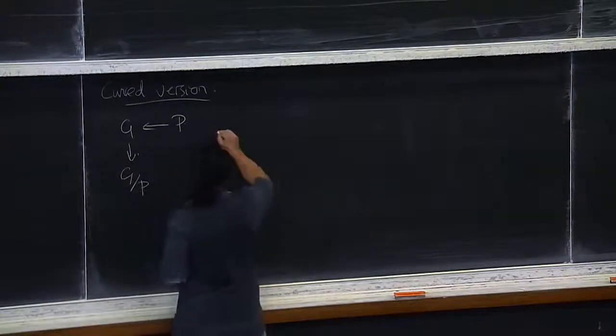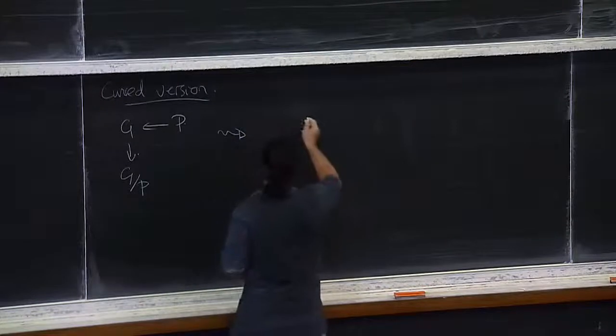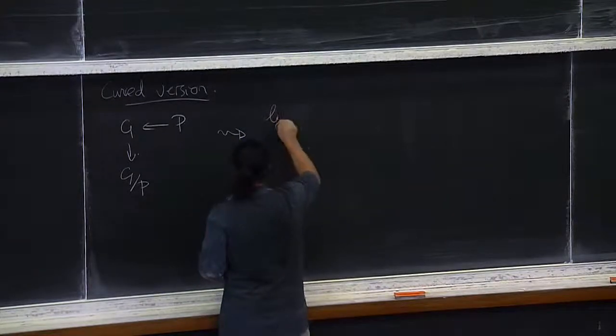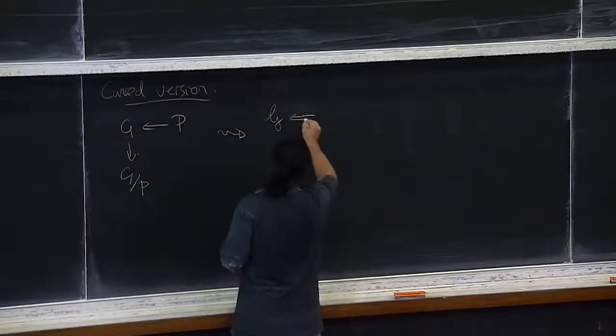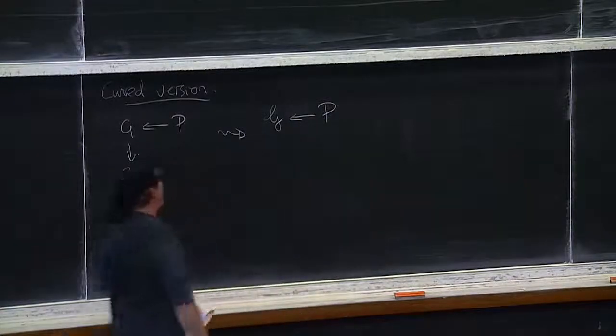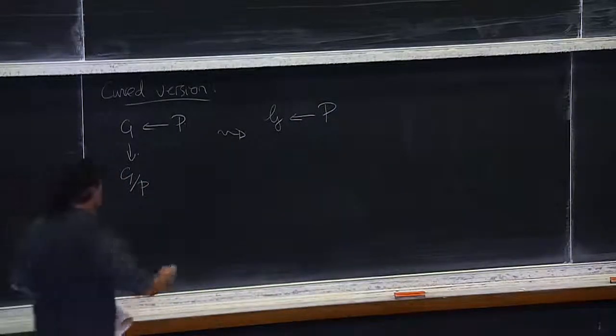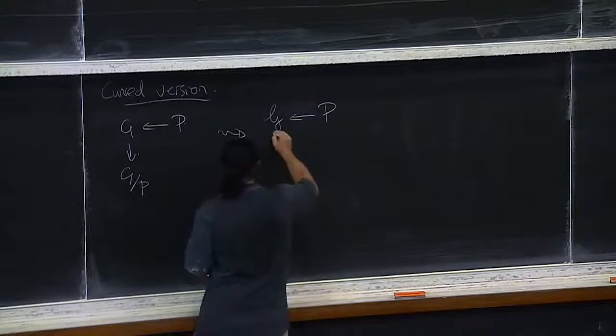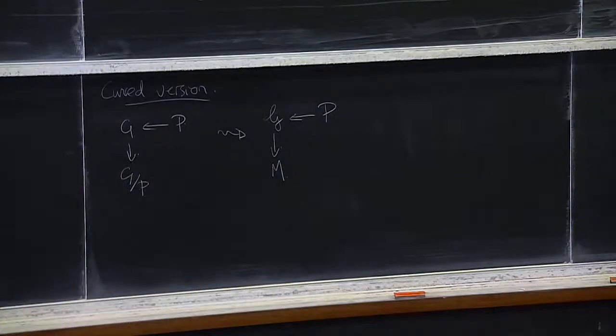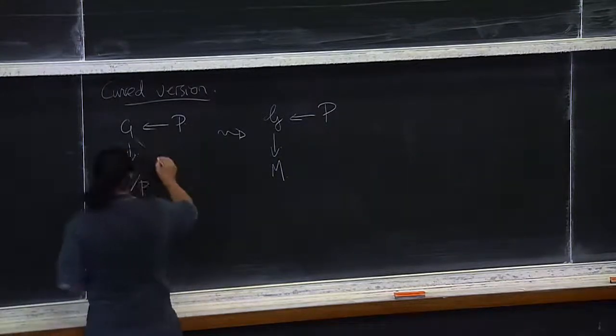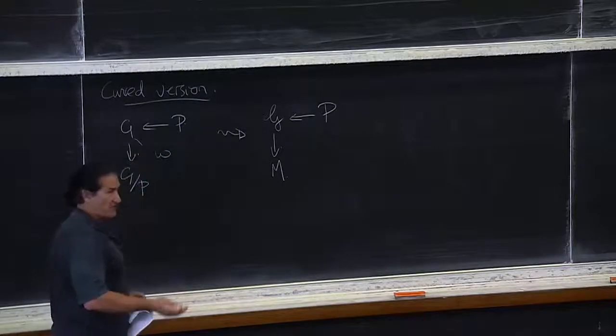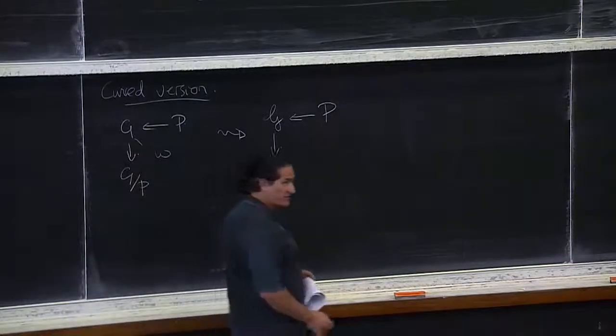The curved version of this, said another way, is what's called a Cartan geometry, so we'll call it curly G. That has also fiber P, the same group as fiber, but this is not a group. It is a principal bundle over our manifold. This has the Maurer-Cartan form, just the thing that takes left invariant vector fields to the origin.